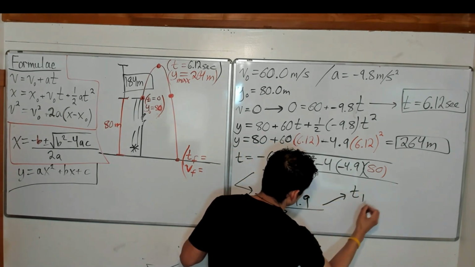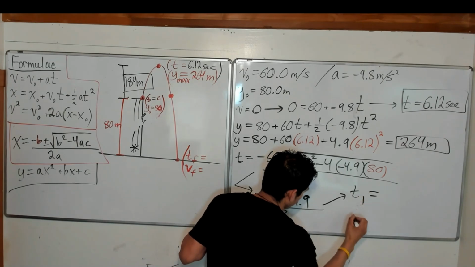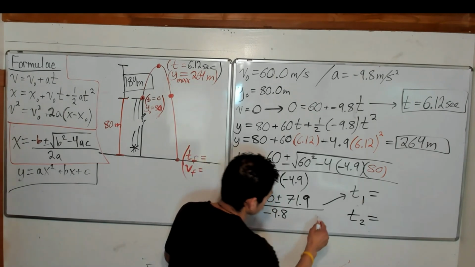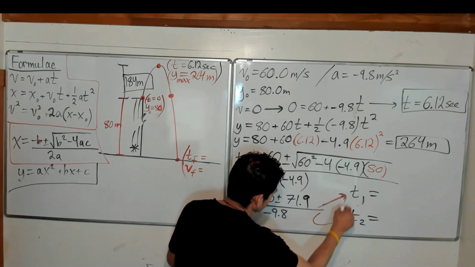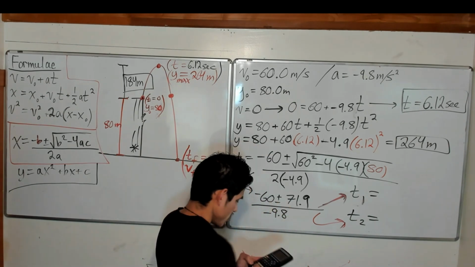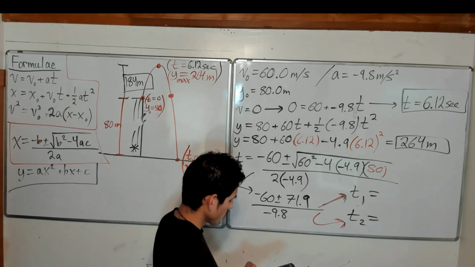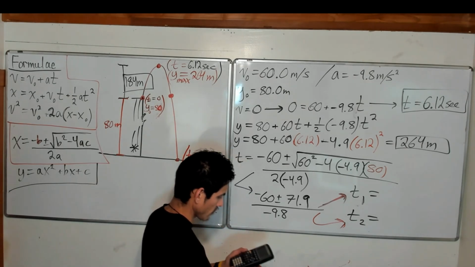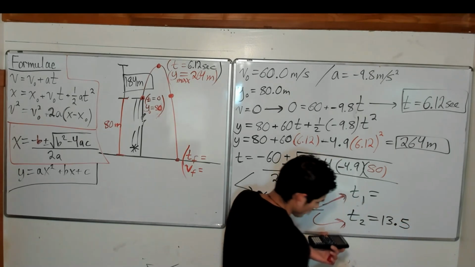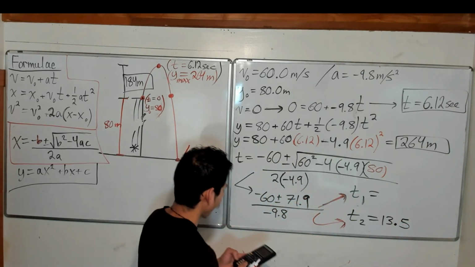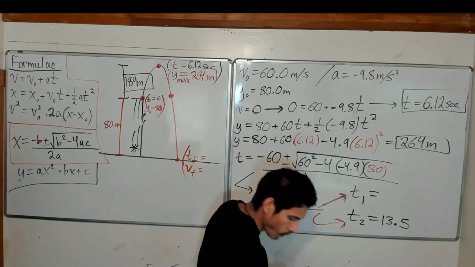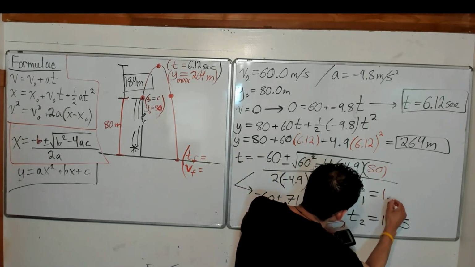We technically get two roots. I'll write them both, but one of them is going to be negative, and we can't have a negative time, at least not yet. We haven't learned how to go back in time yet. So we get two answers: one is 13.5, and the other would be negative 1.21 using the significant digits.